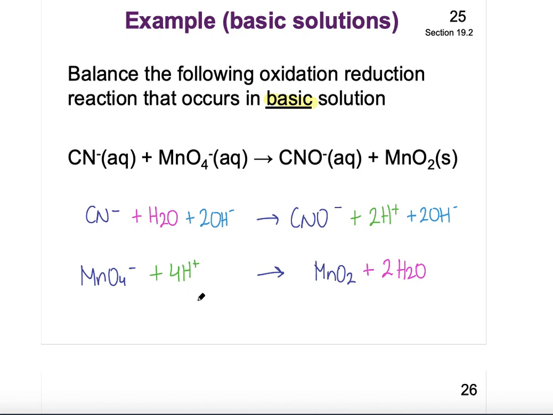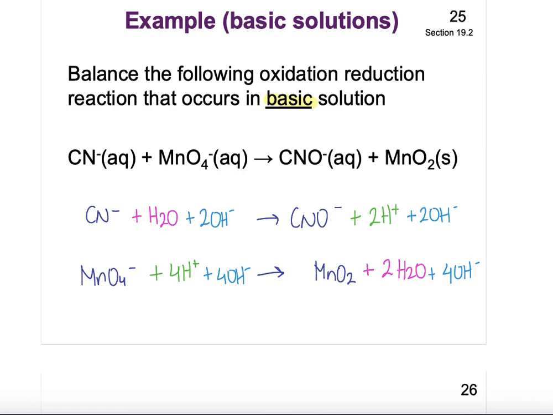We do the same thing on the bottom. I have 4 H pluses. That means that I need 4 OH minuses here and 4 OH minuses on the right hand side to make them the same. The next step said that we were going to combine all of the H pluses and OH minuses that are on the same side and turn them into water.